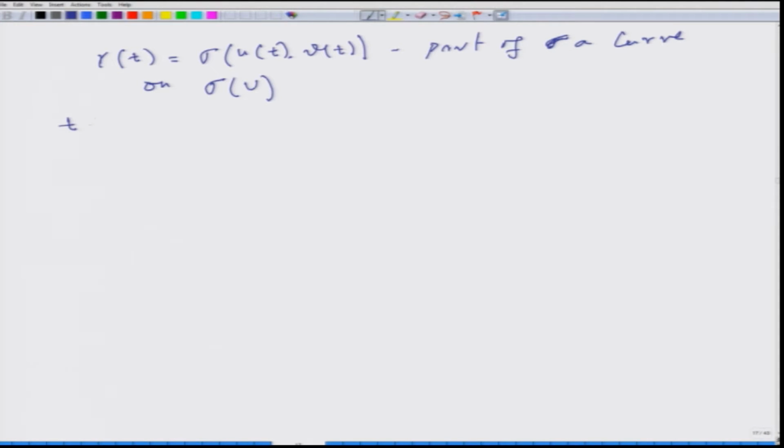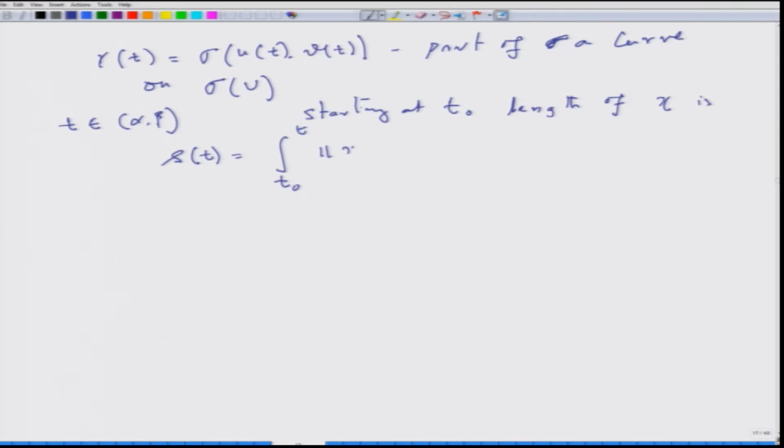Now, t must belong to some interval alpha beta, and starting at t naught, the length of gamma up to a point t is given by, as we know from our discussion on curves, the integral of the norm of gamma dot at x dx.